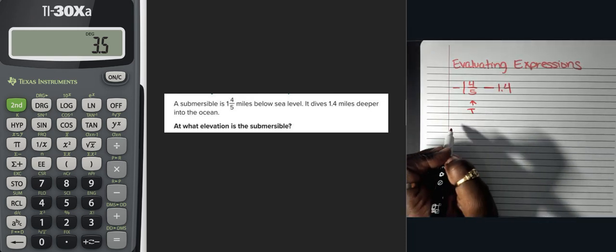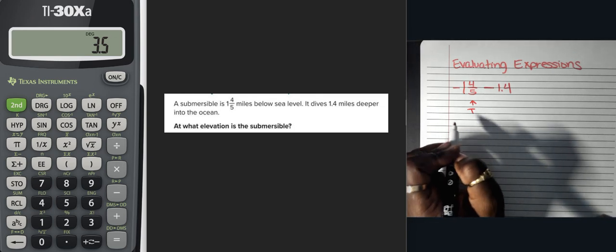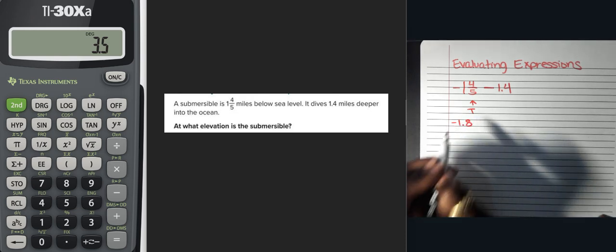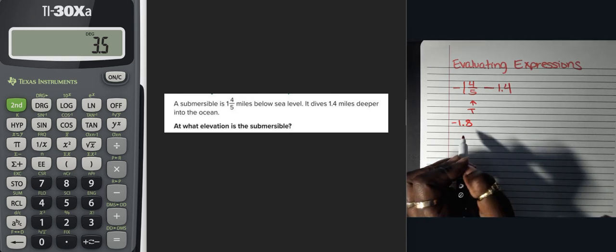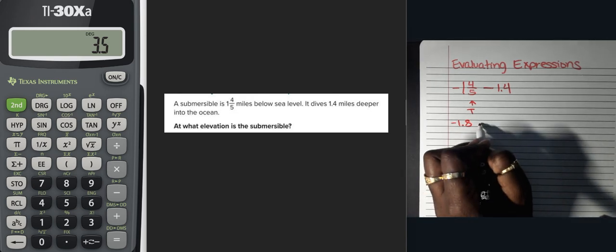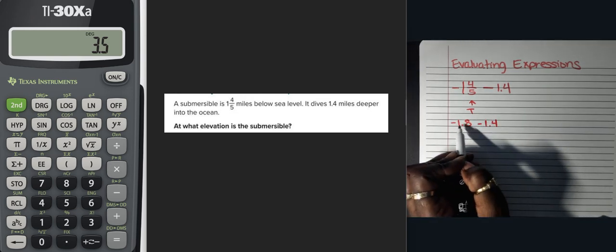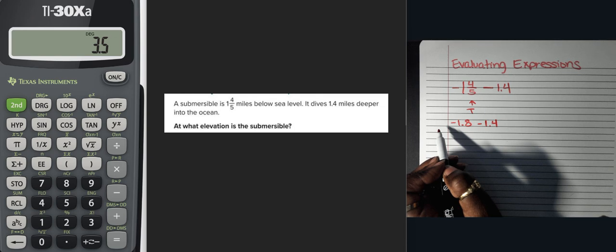So I think what I'm going to do is convert this into its decimal equivalent. So that would be negative 1 and 8 tenths or 80 hundredths. Either one is going to get you the same answer. And we're going to subtract out 1.4. Okay. So what we're saying is we're going in the negative direction. And then here we're still continuing to go into the negative direction.